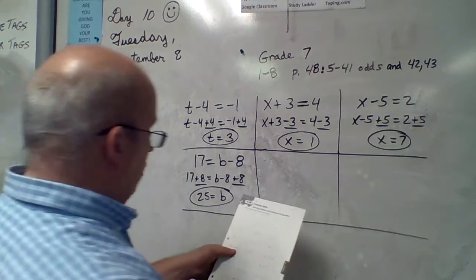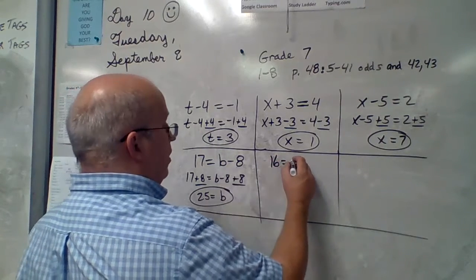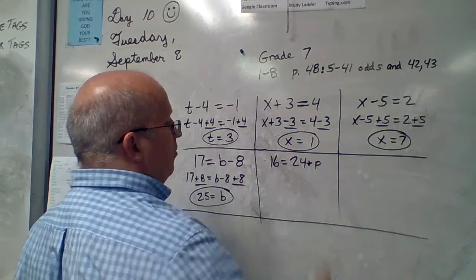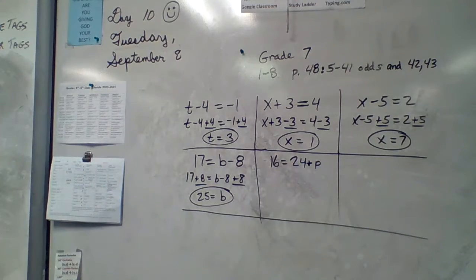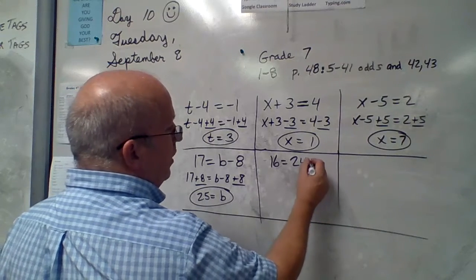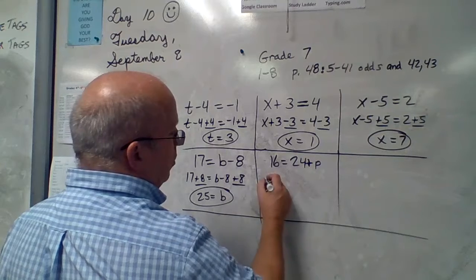Let's try another one with the variable on the other side. What if we had 16 equals 24 plus p? The variable's attached to 24 by addition. What's the opposite of adding 24?